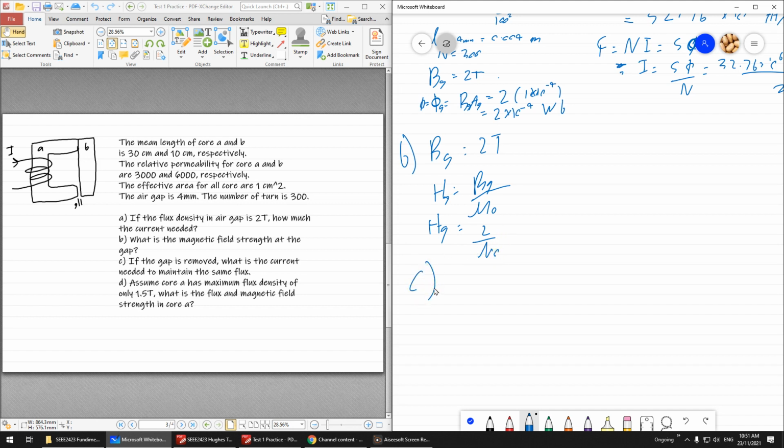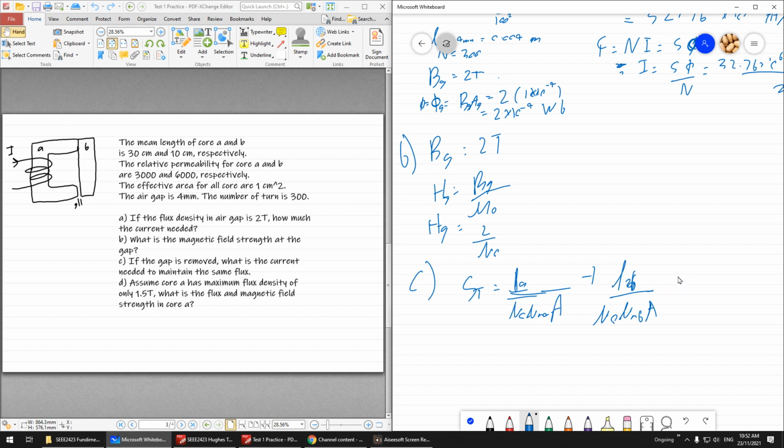And how about C? If the gap is removed, what is the current? Basically you have to solve question A again, but this time S_T is just equal to 1 over (L_A divided by mu naught mu_r A, plus L_B divided by mu naught mu_r B, times A).